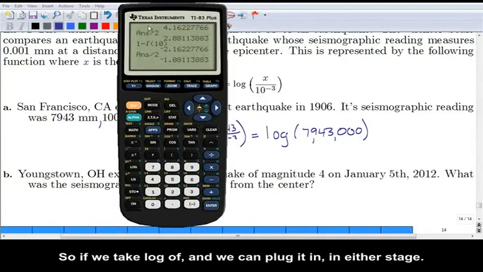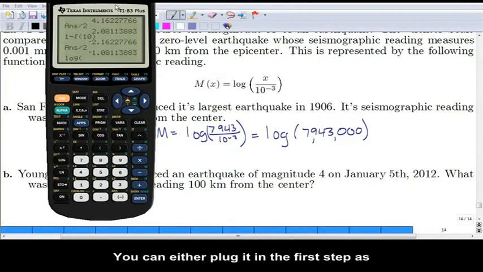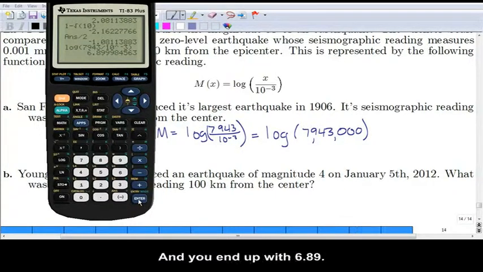So if we take log of, and we can plug it in either stage. You can either plug it in the first step as 7,943 divided by 10 to the negative third, and you end up with 6.89.